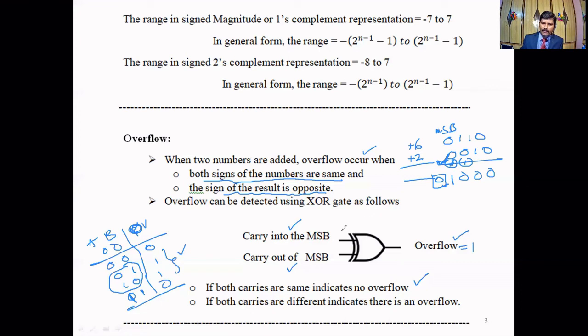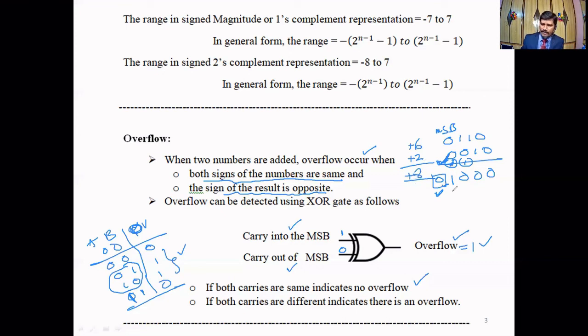This is the carry which is out of the MSB, which is 0. So 1 and 0. What is the XOR output? Both are different. That is why 1. There is an overflow detected. That means plus 6 plus 2 should be plus 8, a positive value.